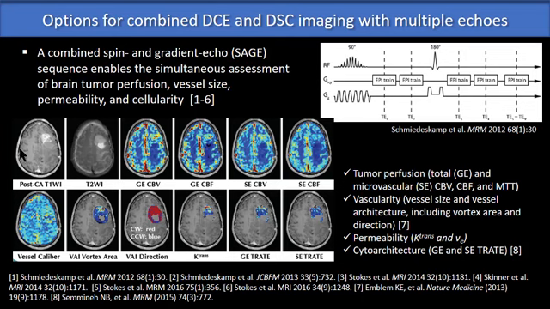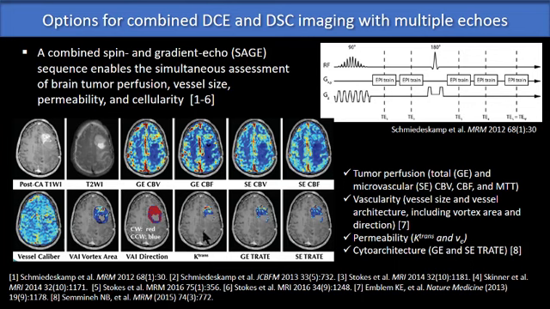Here, this is just the conventional anatomical images. We can look at gradient echo hemodynamic metrics. We know from previous studies that gradient echo sequences are sensitive to total vasculature. We can also look at spin echo hemodynamic metrics. These are less sensitive to the total vasculature, and they're more sensitive to microvasculature, so you get rid of a lot of the large vessel blooming. If we combine that information, we can look at some vascular characteristics like vessel caliber.